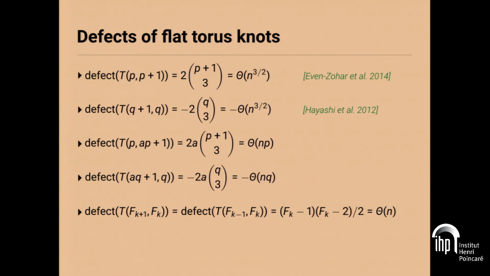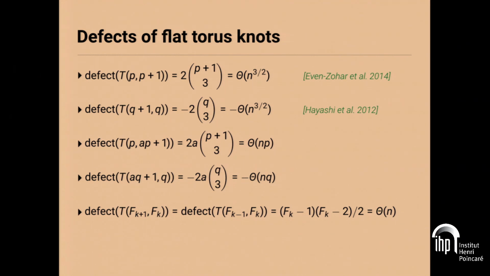And you'll notice that the bound that you get is n to the 3/2. So because there are curves that have defect n to the 3/2, I know that I need at least n to the 3/2 moves to simplify those curves.